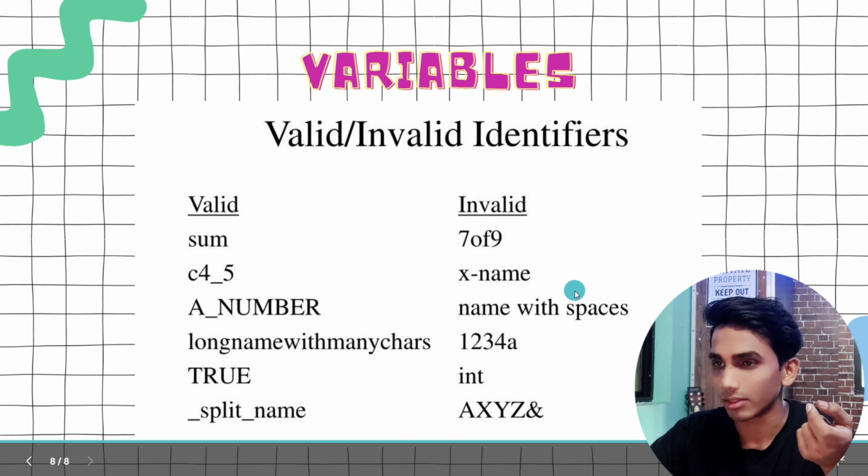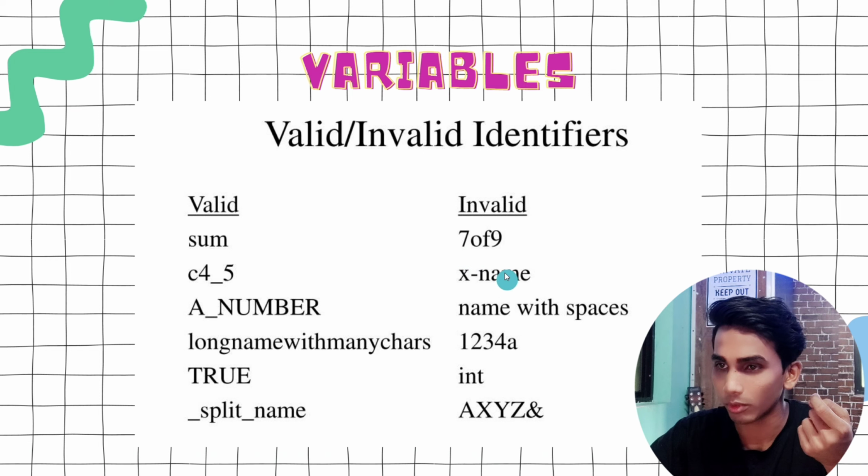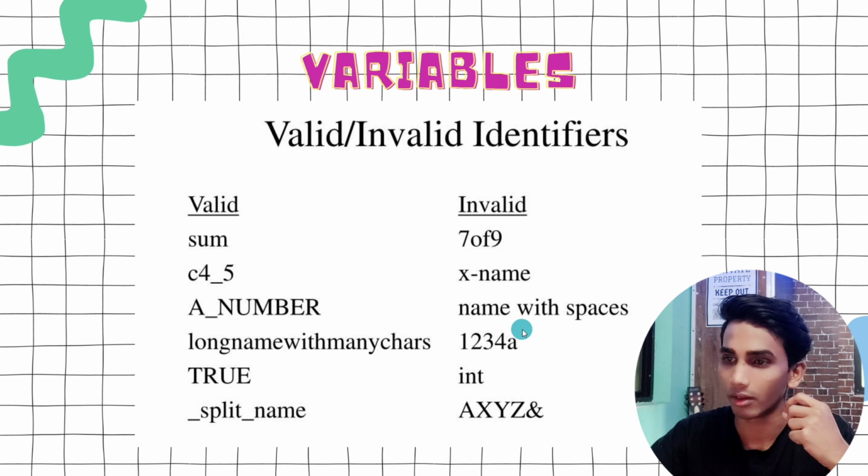Invalid ones are like this. You can't start with a number, so this is invalid. Here, X name is perfect, but you have used a special symbol in between these two parts, so it's invalid. Also the name with spaces, see here we have spaces in between, so it is not a valid variable.